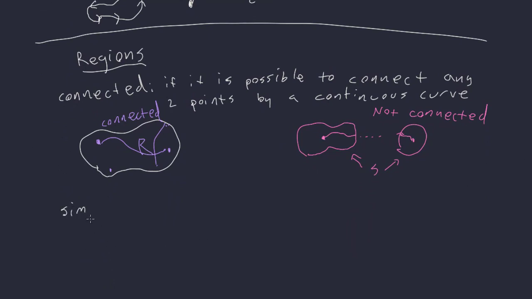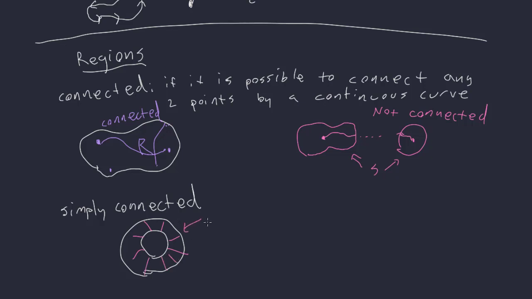Now the next topic is a little more complicated. This is simply connected. Simply connected basically means that there are no holes in the region. It's easier to show something that's not simply connected. So something like this, the donut shape or the disc shape. This is not simply connected.